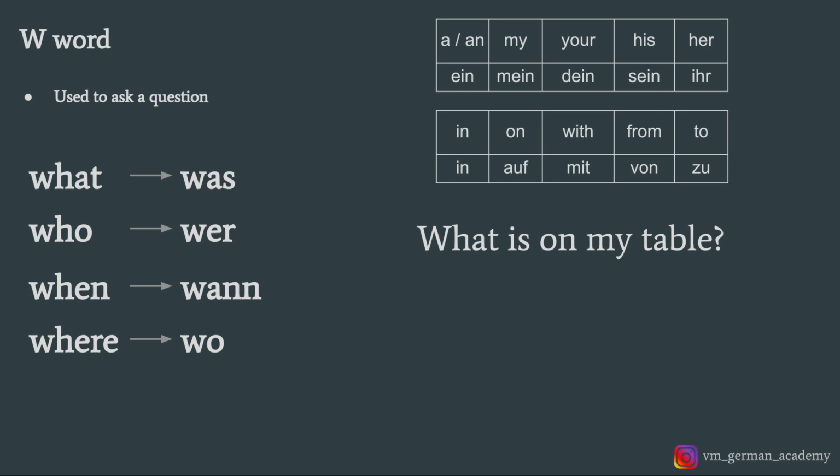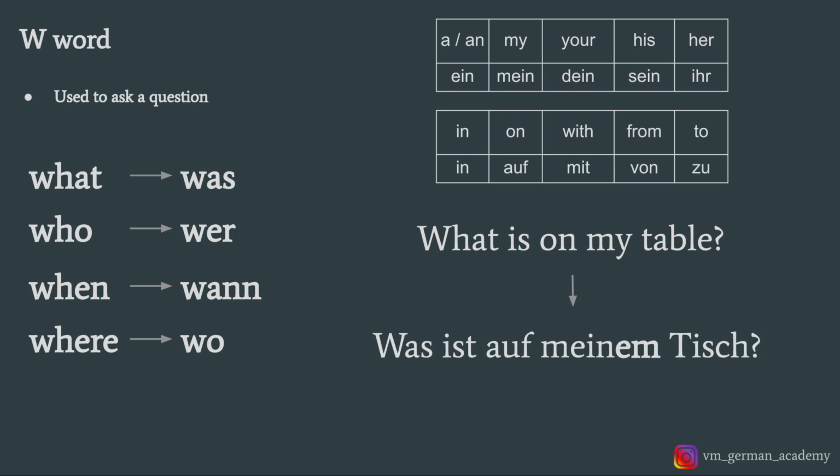So the question would be, was ist auf meinem Tisch? Note that we actually learned my means mein. Here there is an extra em at the ending. We will learn about that later in this video series. It comes under the concept called declensions. We will definitely cover that in detail.